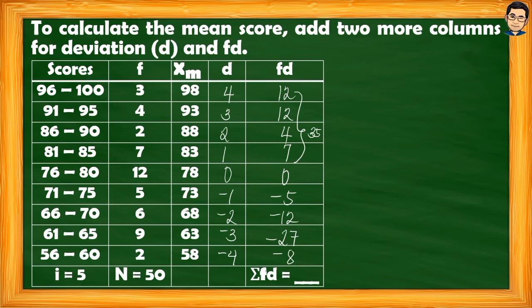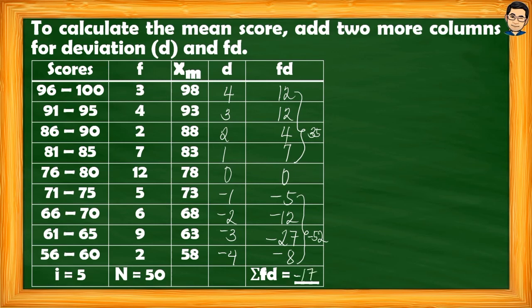Then, for the ones below, we just add them since they are all negative: negative 5, negative 12, negative 27, and negative 8. Adding them, the sum we get is negative 52. Finally, we add 35 plus negative 52, and we have negative 17. So that is the summation, negative 17.